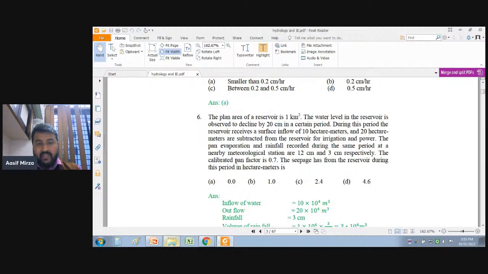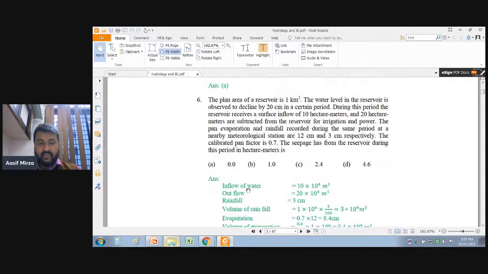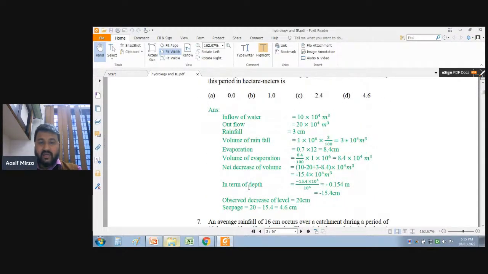The pan evaporation and rainfall recorded during the same period at a nearby meteorological station are 12 centimeter and 3 centimeter respectively. The calibrated pan factor is 0.7. The seepage loss from the reservoir during the period in hectometer is, the options are given as 0, 1, 2.4 and 4.6.